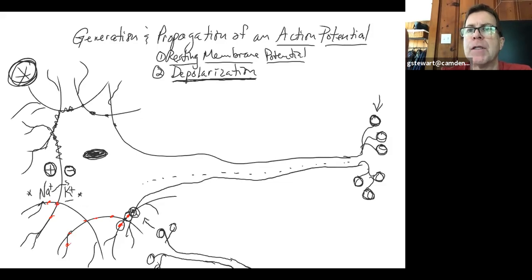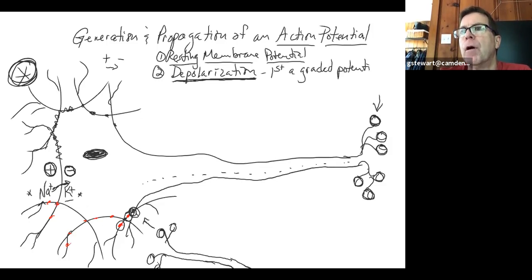Remember, polar opposites means positive, negative. If sodium ions leak into the cell, we are causing this ionic difference to get closer to zero, not further apart, but closer together. And this act of depolarizing the cell is first a graded potential around the cell body, or soma.